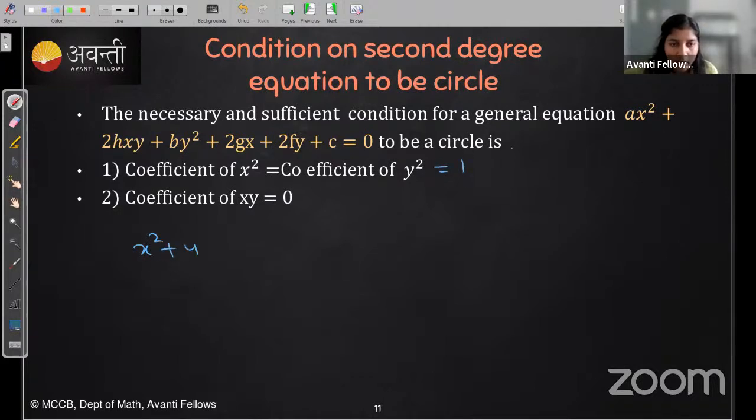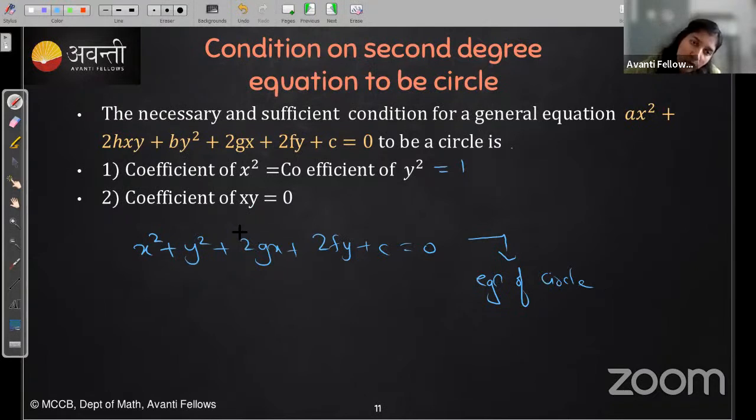Because x square plus y square plus 2gx plus 2fy plus c equal to 0 represents the equation of a circle. And another condition is coefficient of xy should be 0. If these two conditions are satisfied, then we can say that the given general second degree equation represents a circle.